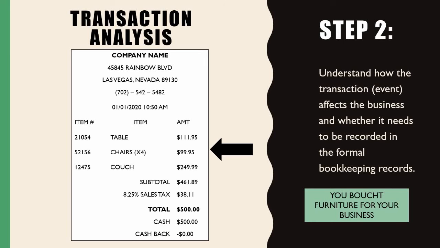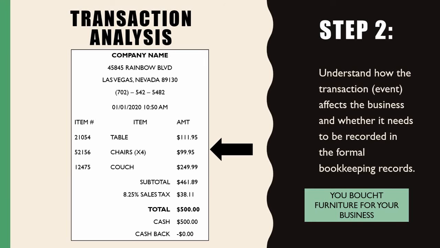I bought furniture. When did I buy furniture? The date says right here that I bought it on January 1st, okay? How did I buy it? Well, in this case, I paid with cash, so that's the how, okay? Why did I buy it? My store needs furniture, okay?